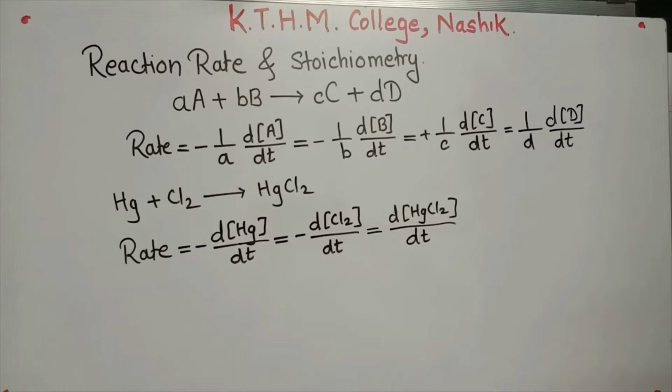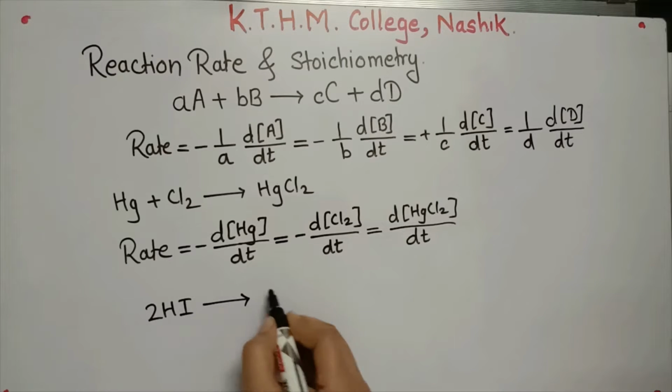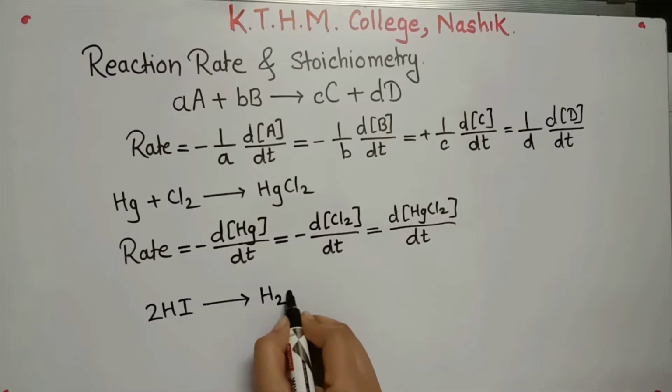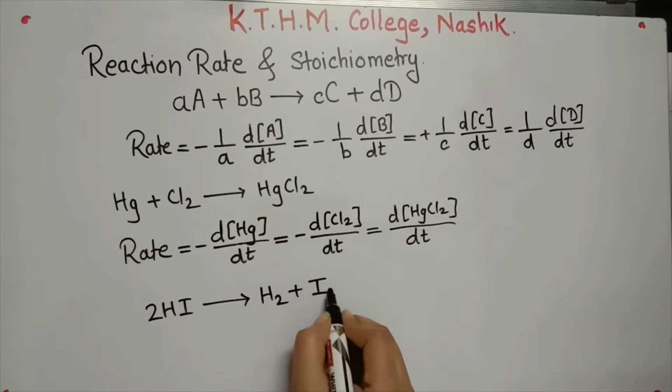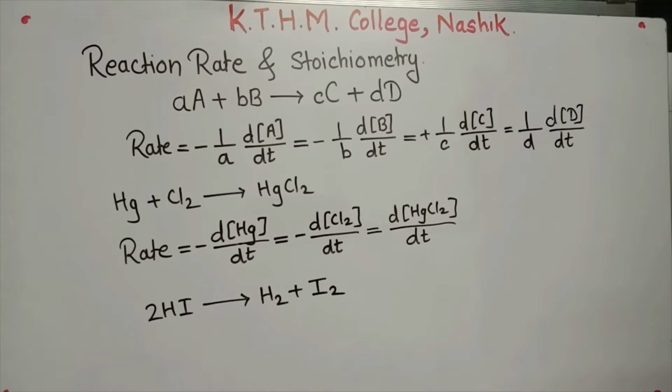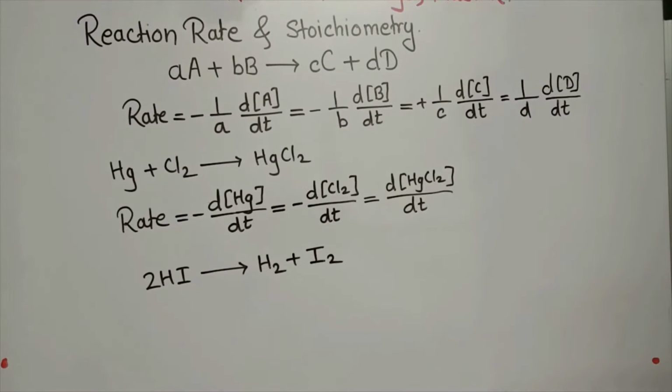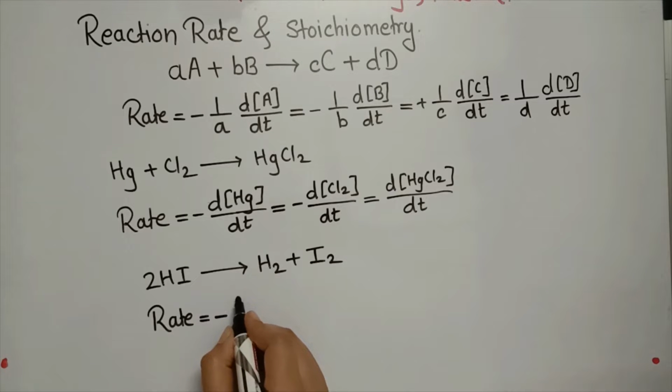So now again I will take another example. 2HI gives H2 plus I2. Okay. So now for this reaction, rate will be equal to minus, for the reactant side, here the stoichiometric coefficient is 2.